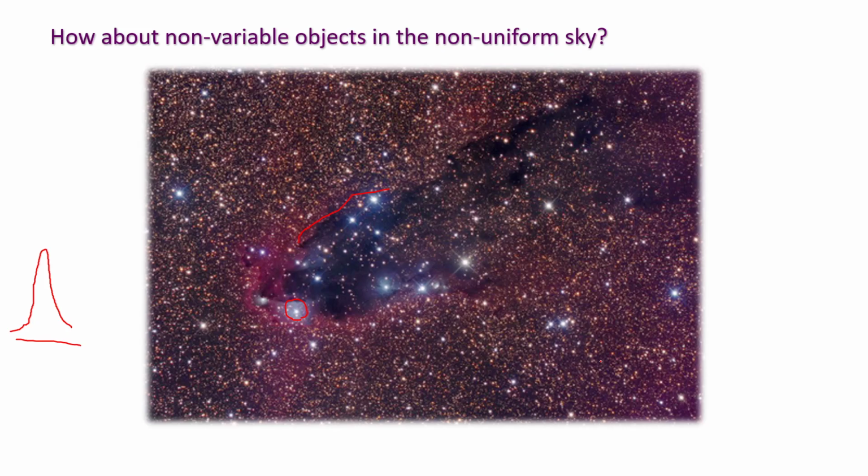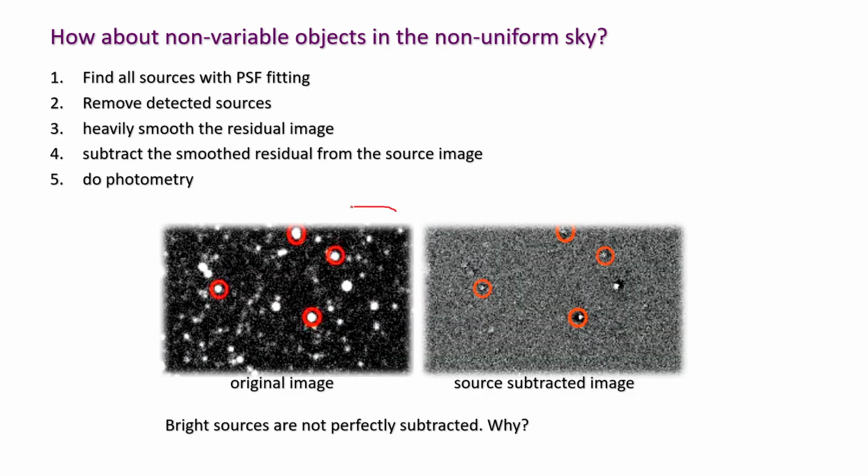For a realistic exemplar case, let's consider this. This is the crowded field, and you fit the PSF to each one of these recognized point sources, including these four red circled ones.